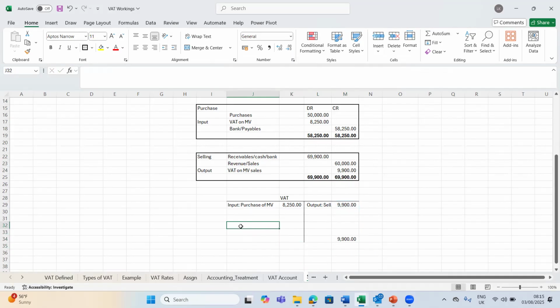And then I say balance carry it down. So that is the closing balance. So the closing balance will be this one right here minus that one.